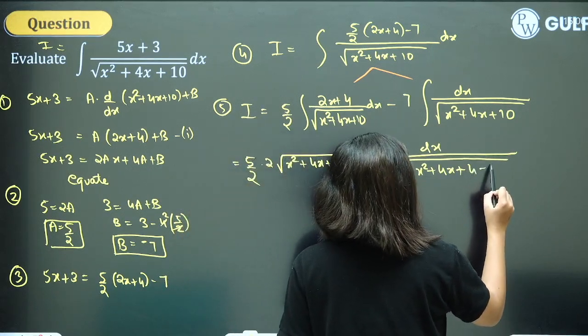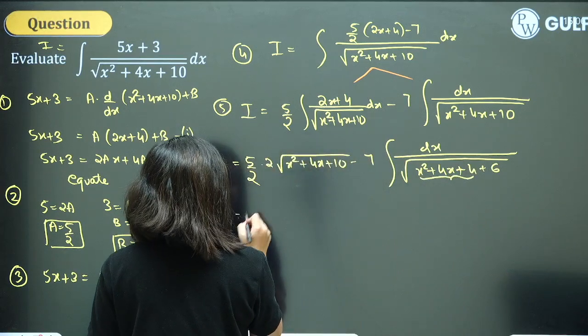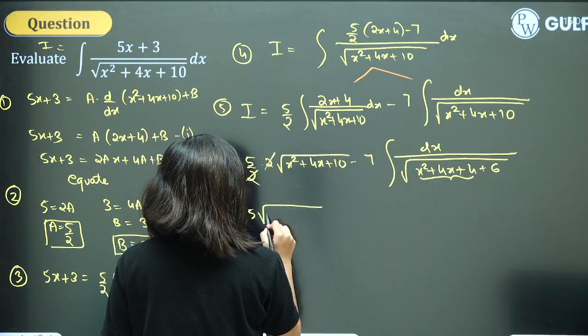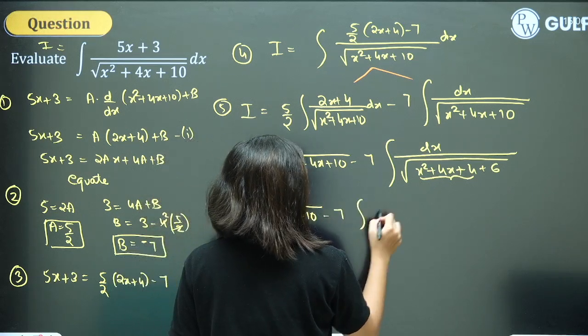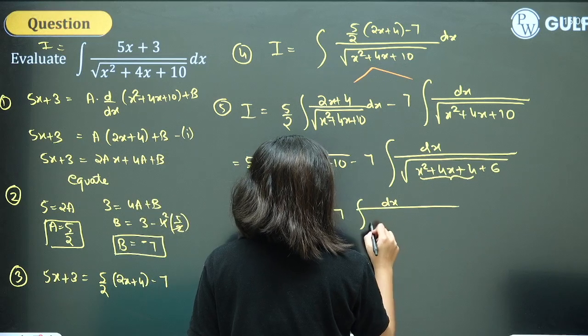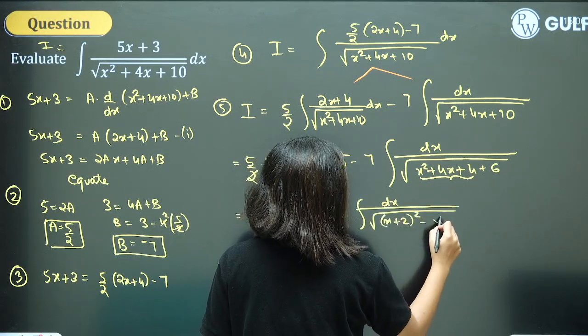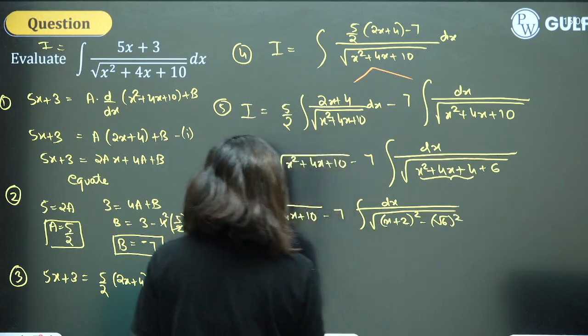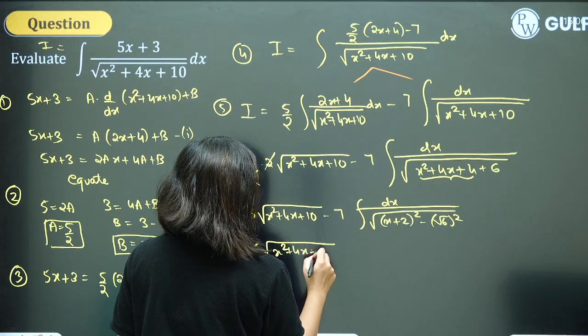So plus 4 minus 6. These three terms form a perfect square. The 2s cancel. 5 times root of x square plus 4x plus 10, minus 7 times integral dx upon x plus 2 the whole square minus root 6 the whole square.